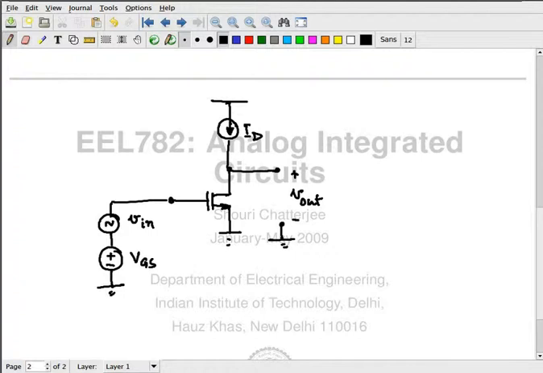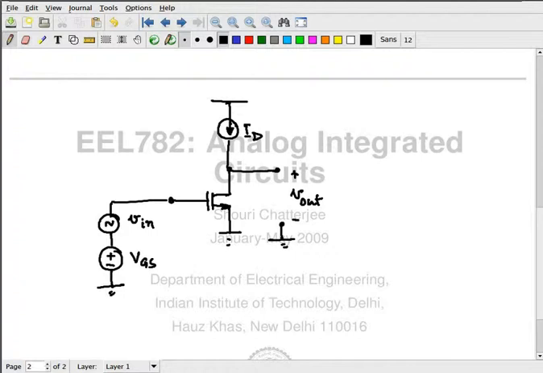At the drain, you will see a large DC voltage, something like VOV plus VBS. On top of it, you are going to see a small signal superimposed, which is the output of the amplifier. Right? This is the plan.